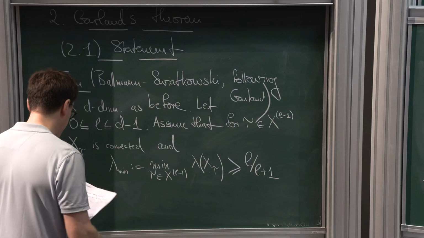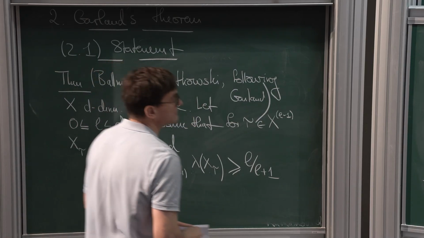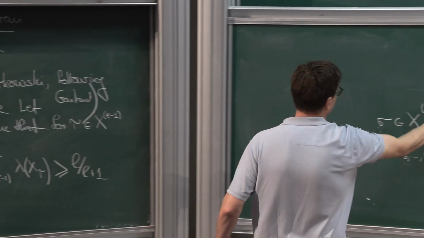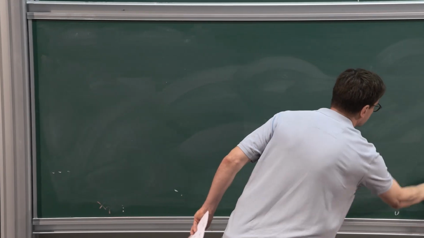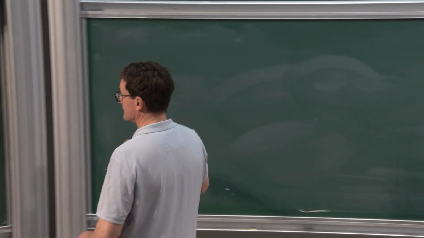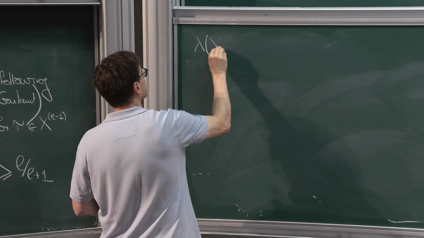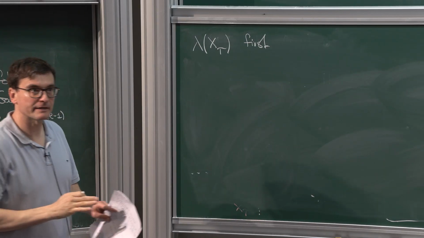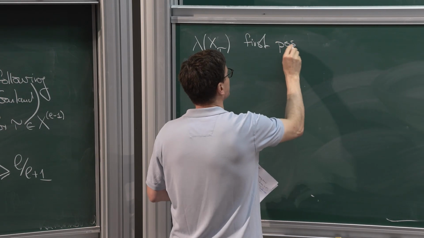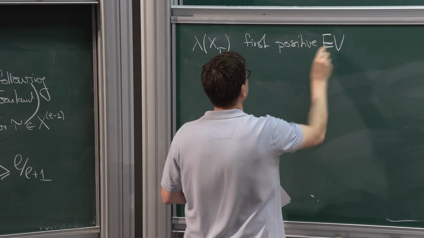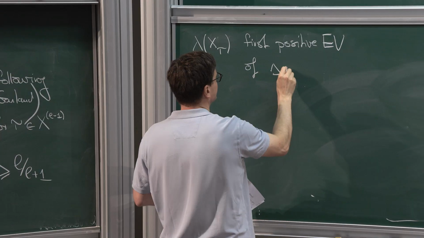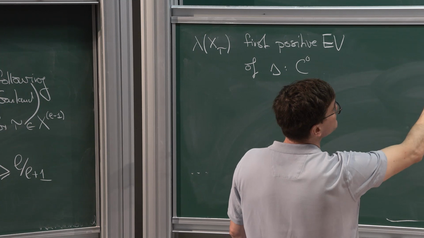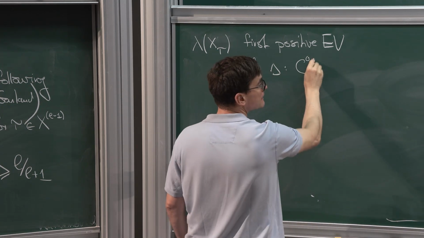So let me write what this is, maybe put it here, as a side remark. You always have 0 as an eigenvalue, but we look at the first positive eigenvalue of the Laplace operator in what I denoted here by, where is it, this notation.